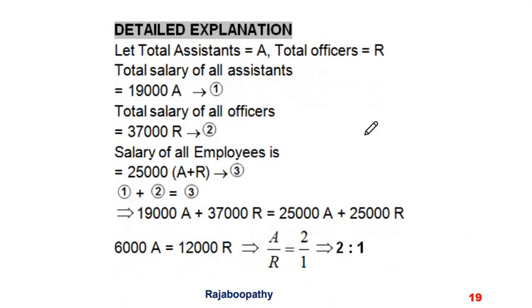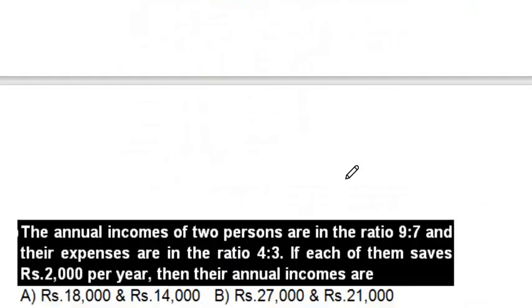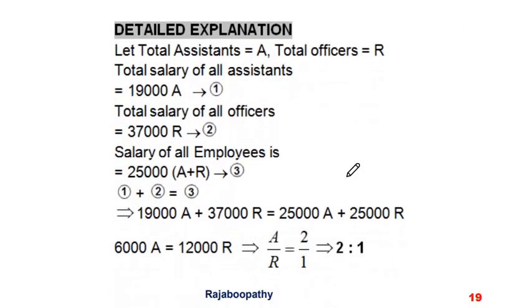So this is the concept which I explained. Now how to do this problem in shortcut? I'll just note down this. Now I'll explain the shortcut. This is assistants, and this is officers.